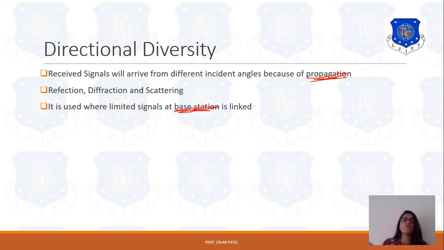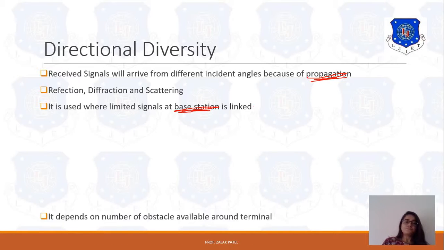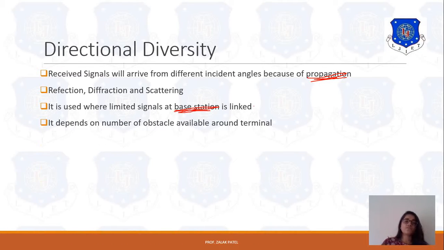For example, if the user wants more pattern in the z direction, they can get it using this diversity. So this is the role of directional diversity, and it also depends on the number of obstacles. If the number of obstacles increases, we have to add more antennas to achieve more directivity.